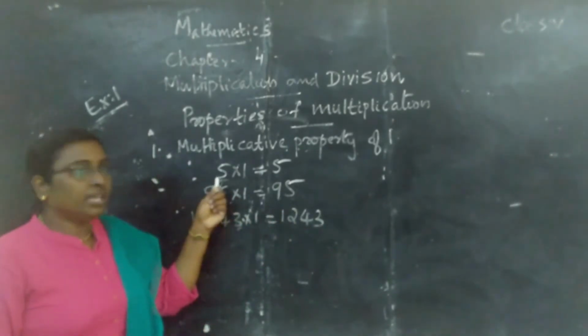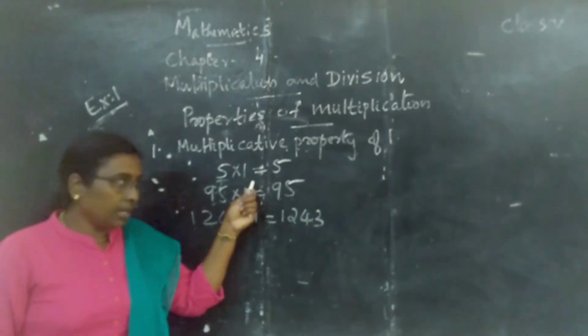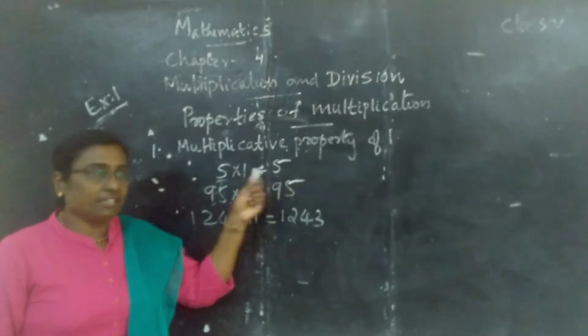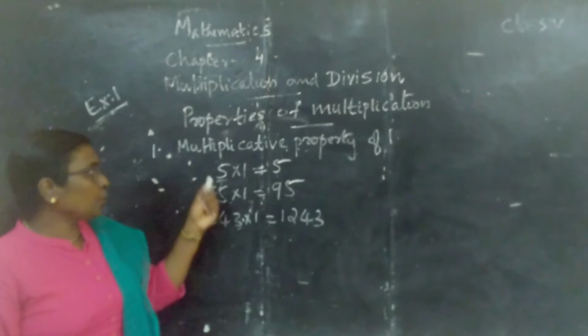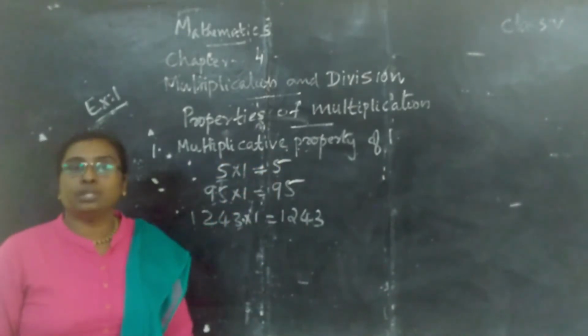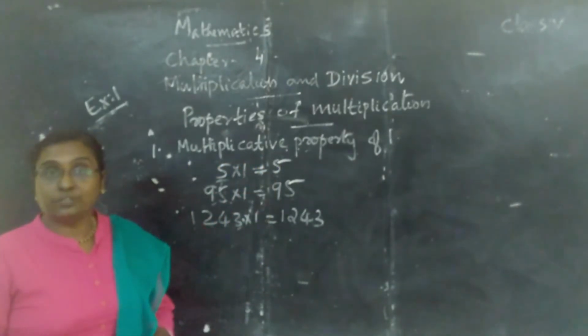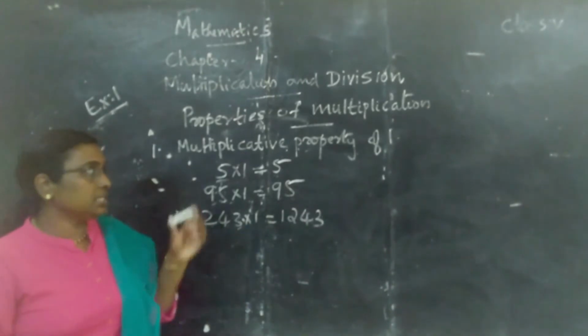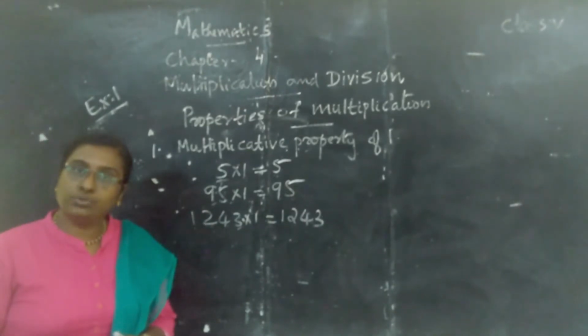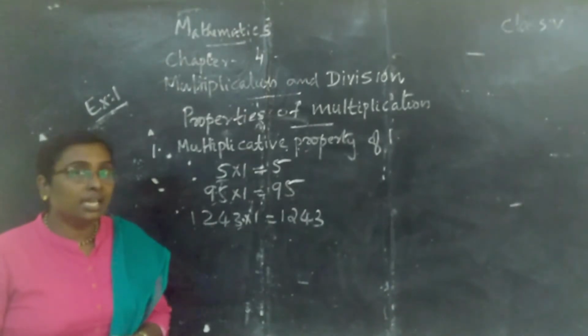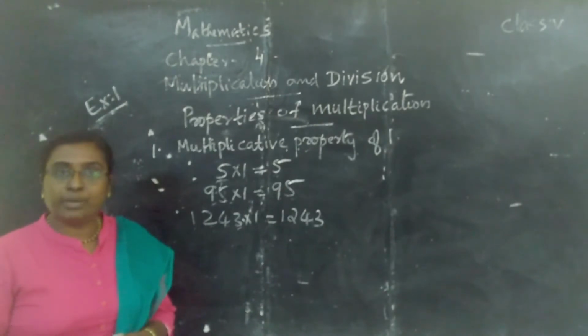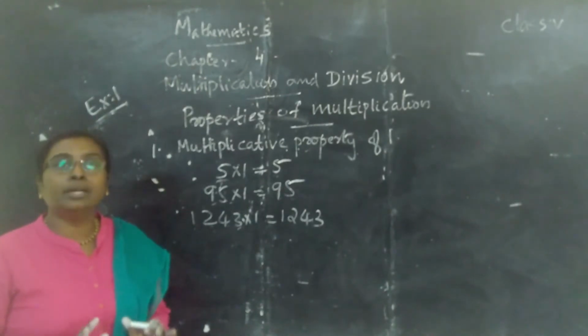That is, when a number is multiplied by 1, we get the number itself. Isn't it? This property is the multiplicative property of 1. So, the first property of multiplication is multiplicative property of 1. This property states that when a number is multiplied by 1, we get the number itself.